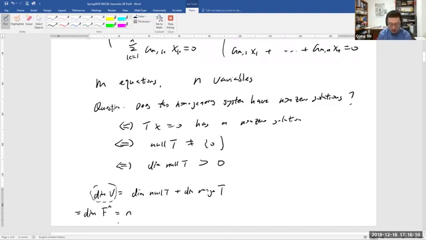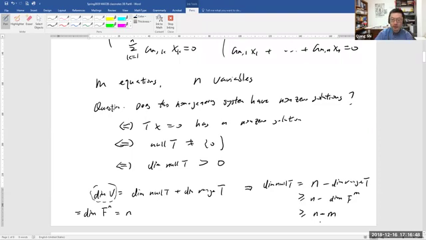And so the dimension of null T is n minus the dimension of range T. But the dimension of range T can never go over the dimension of W, and the W here is Fm. So this is greater than or equal to n minus m.